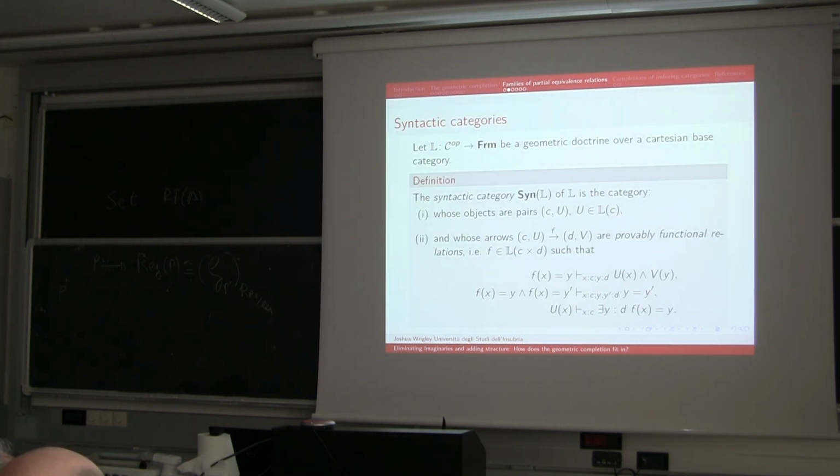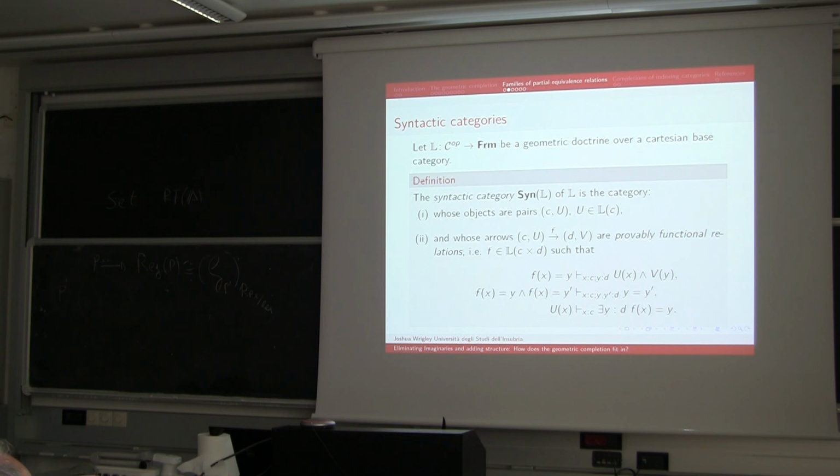So if we've got a geometric doctrine over a Cartesian base category, we can define what I would call the syntactic category, where the objects are pairs of predicates of our doctrine, and the arrows between two predicates are going to be provably functional relations in the internal language of our doctrine. This is the syntactic category in the sense of imaginaries in the particular case where this is a doctrine coming from a geometric theory.